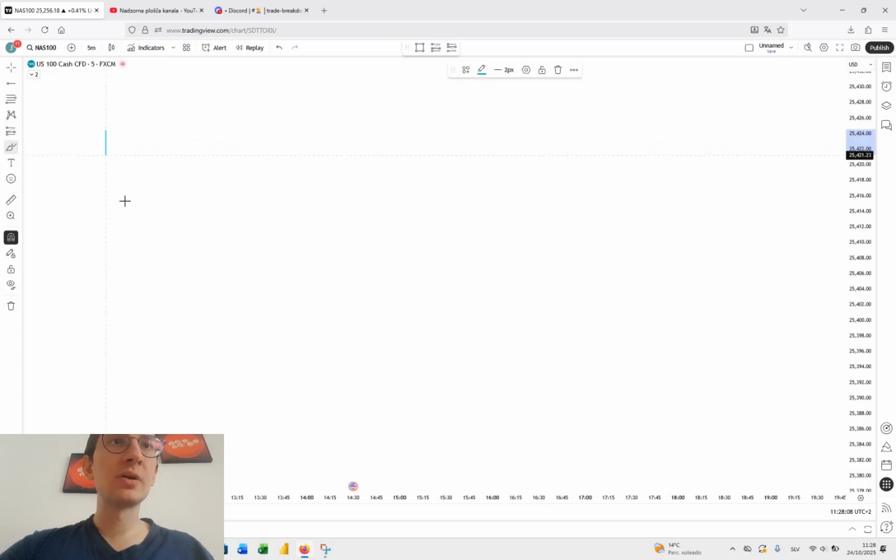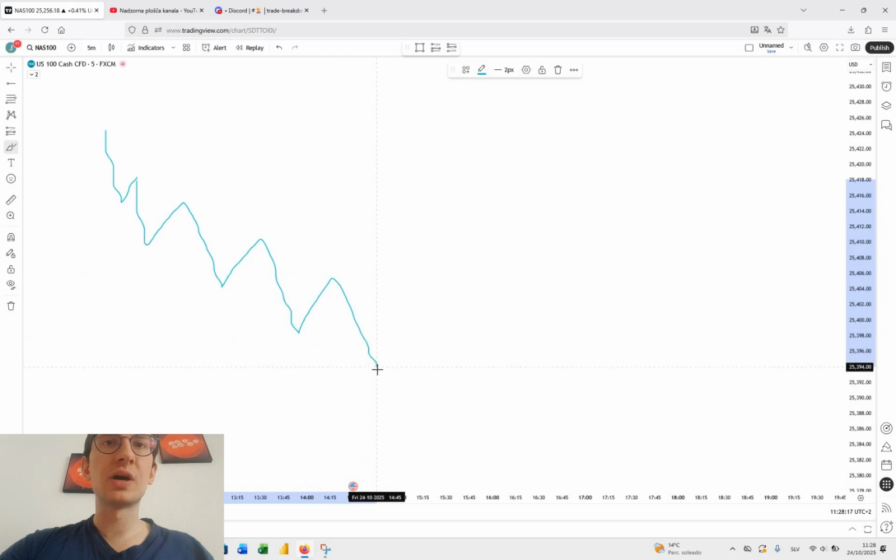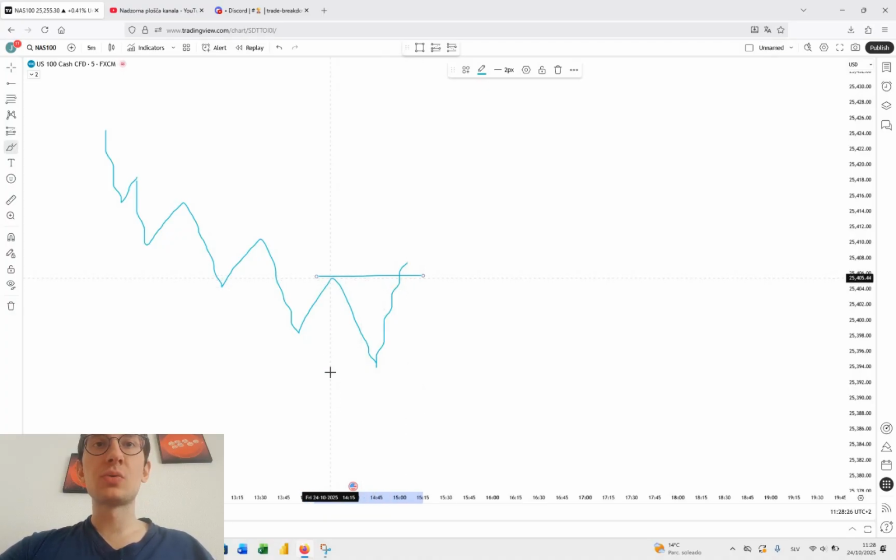Just a quick recap: we move down, move up, move down, down, down, down. Then we go up, we break the structure here, and the last move downwards is an order block. This is an order block.